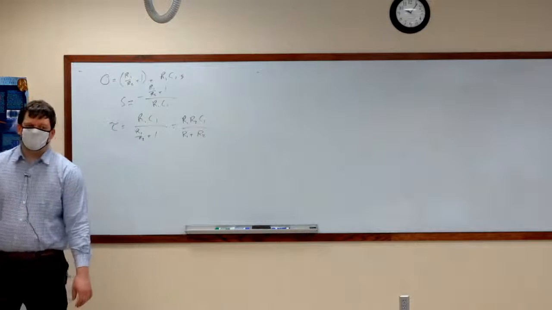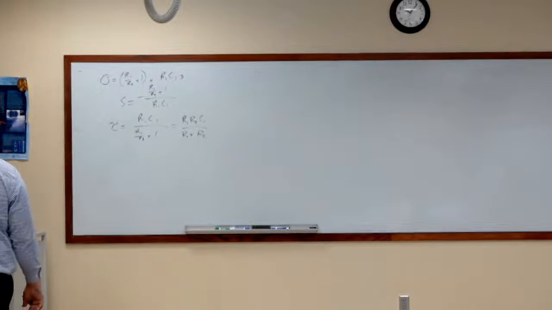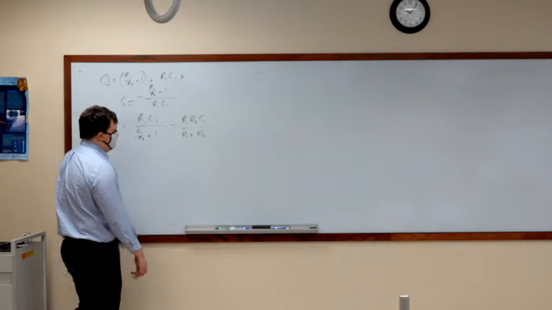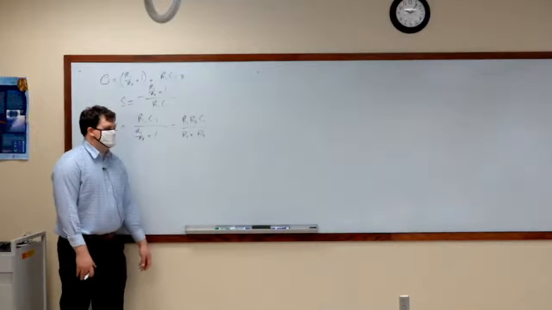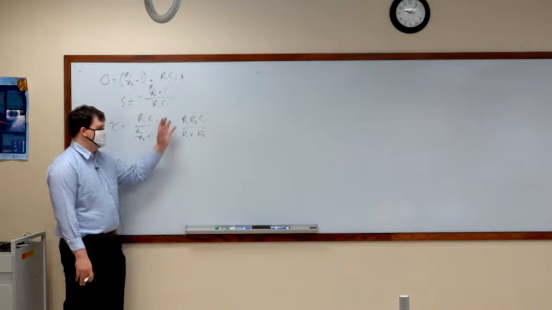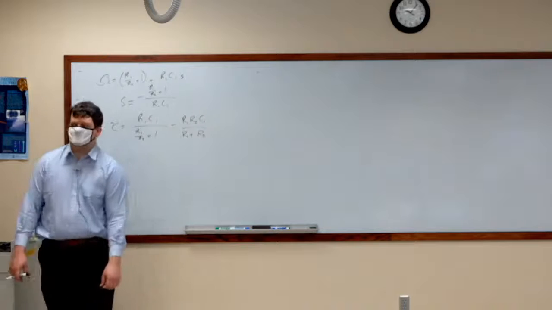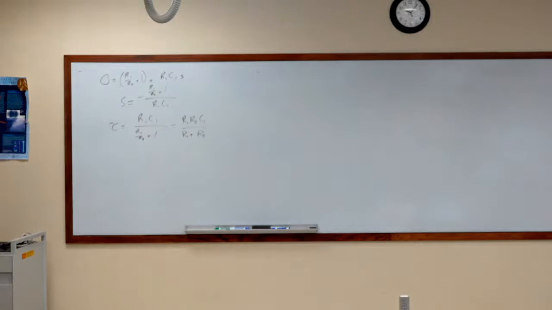If either R1 or R2 is a very small value, this thing is going to charge pretty quickly. The fastest this can charge is if R1 and R2 are the same value, because it's an optimization function. It's the largest value that's possible. But that's just playing around with math at that point.